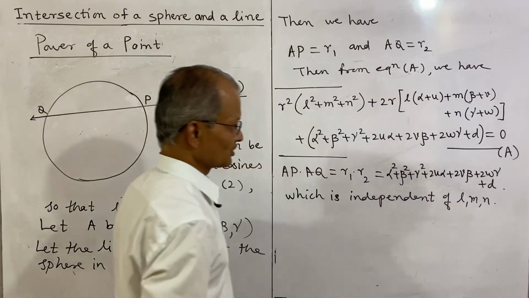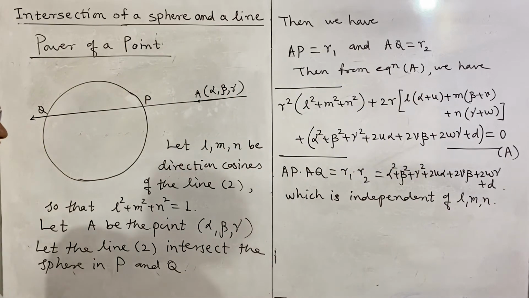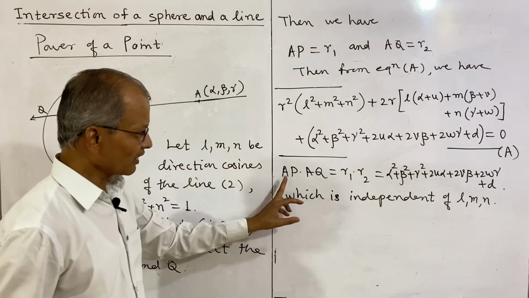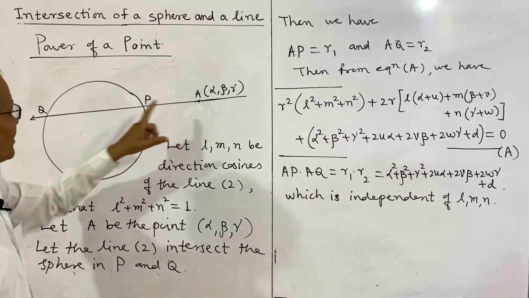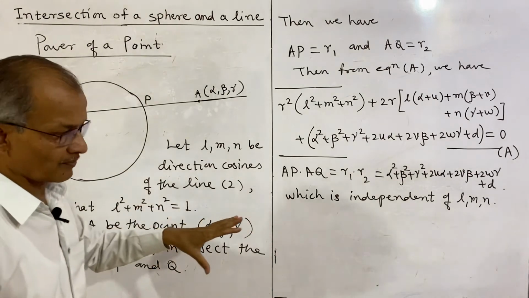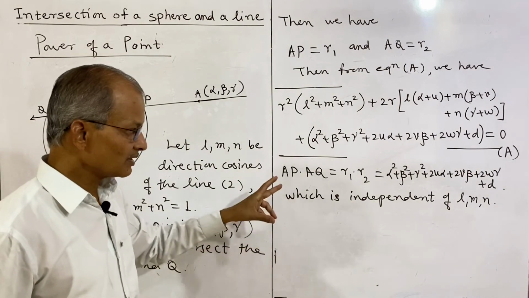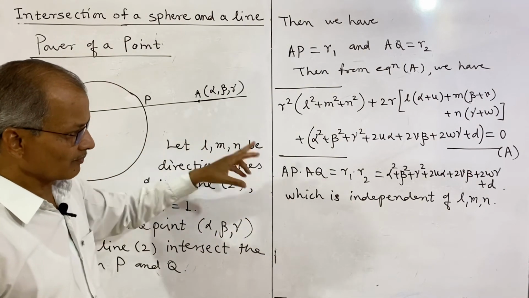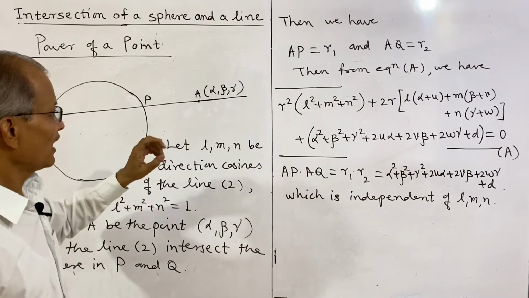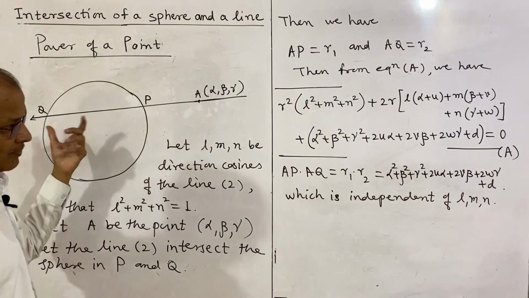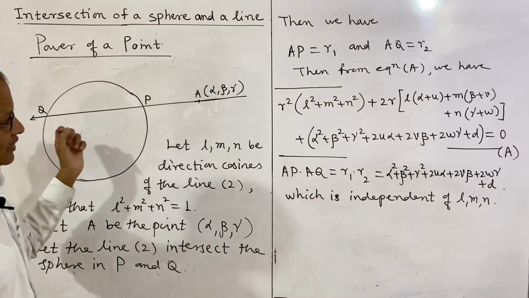And what this says is that the product AP into AQ is constant or fixed, because it does not depend on the direction cosines, and therefore it remains constant whatever the direction of the line.